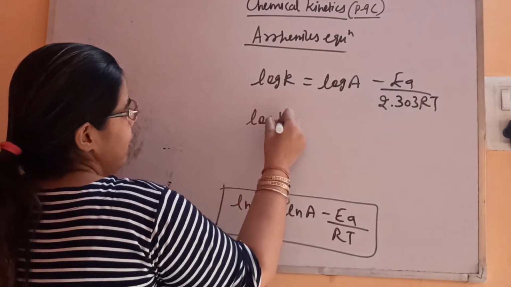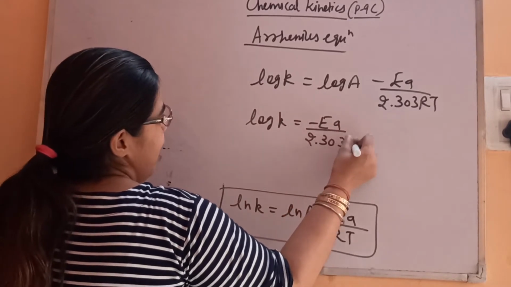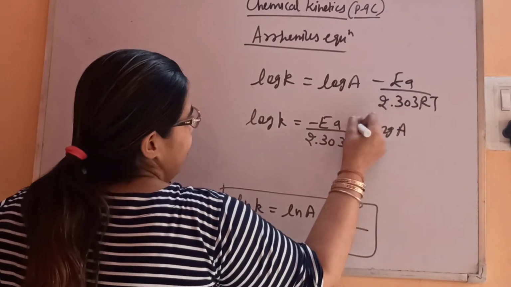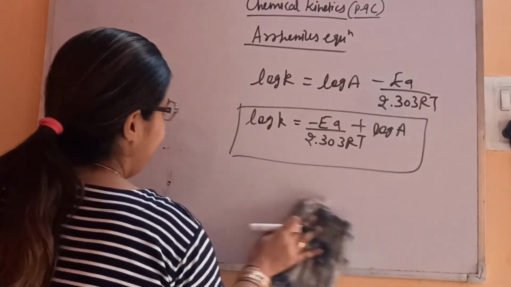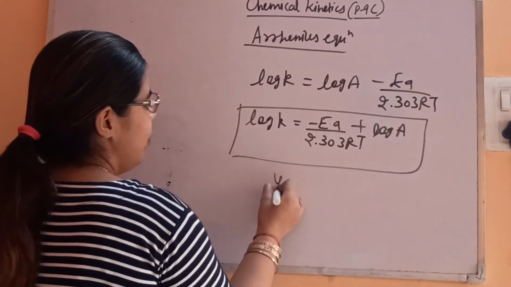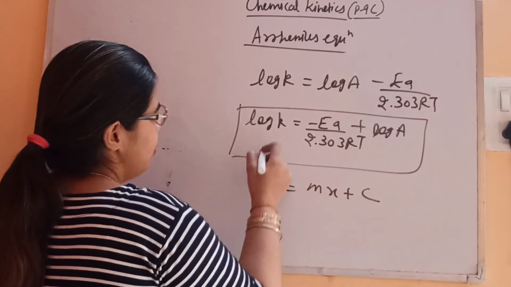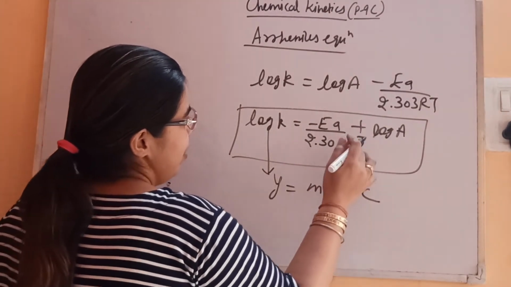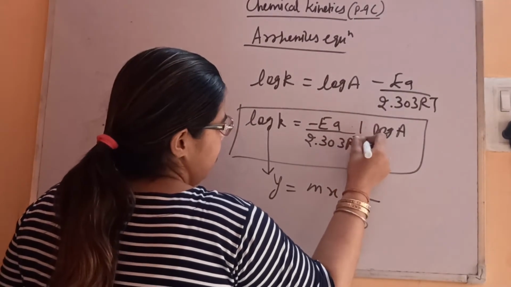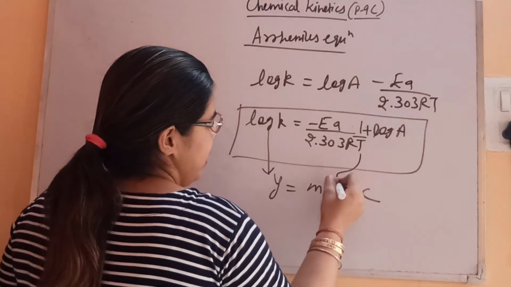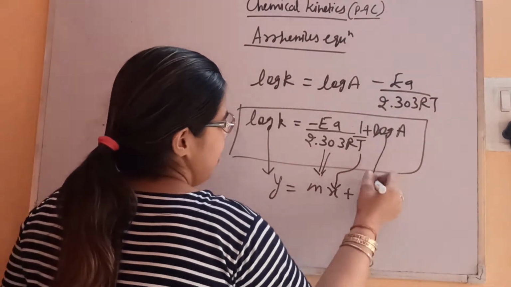And just try to write it in this form: log K is equal to minus EA upon 2.303 RT plus log A. Now compare this equation with a straight line so that we can plot a graph, and we'll come to know what the slope and intercept are. So y is this, and then 1 by T we have to take as x, then slope is this, and intercept is this.